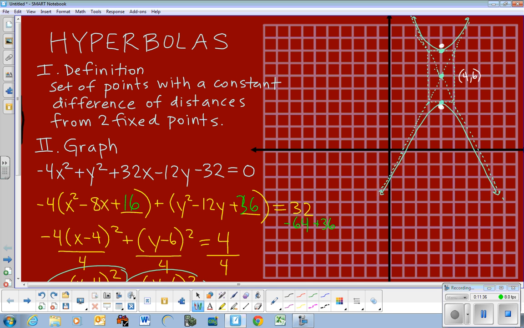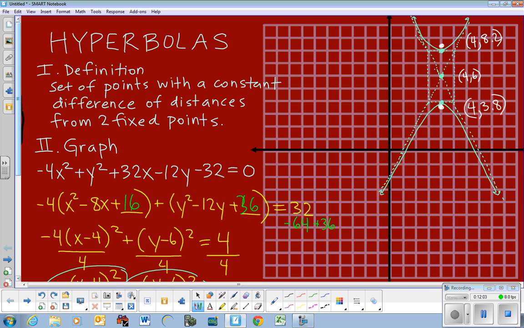So this bottom focal point is going to be 4. And then I was at a height of 6, but I went down 2.2. So down 2 would be 4, another 0.2, 3.8. All right, focal point 4, 3.8. The top one would be 4, and was it 6, 7, 8.2.